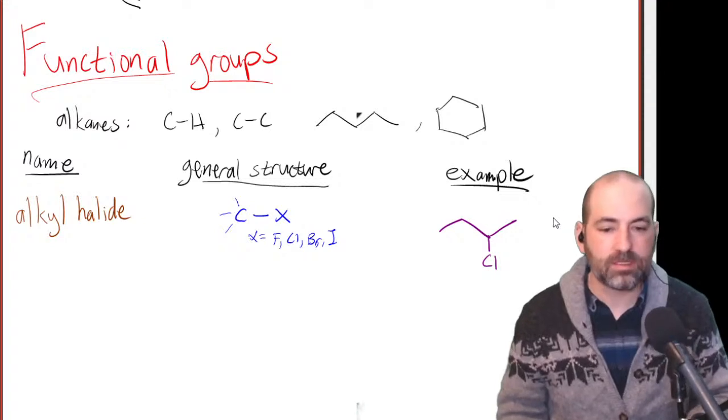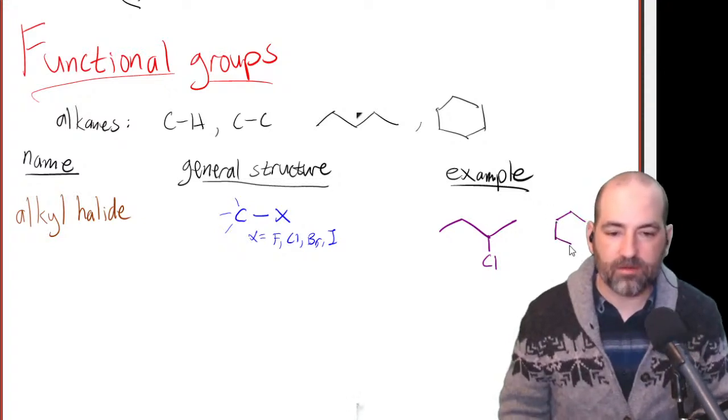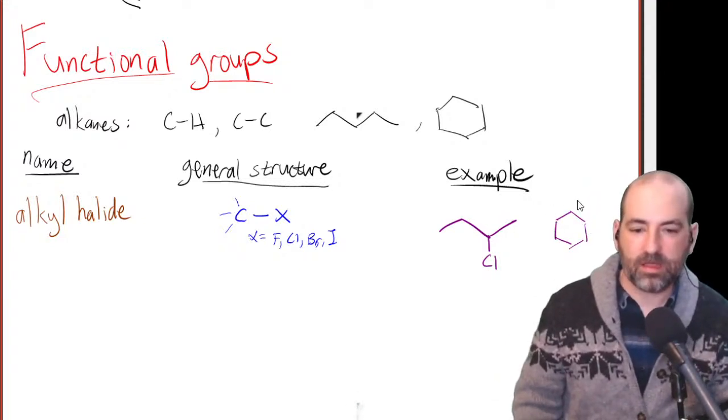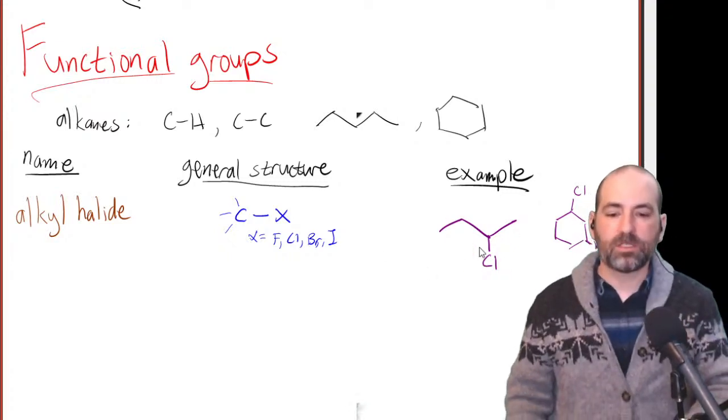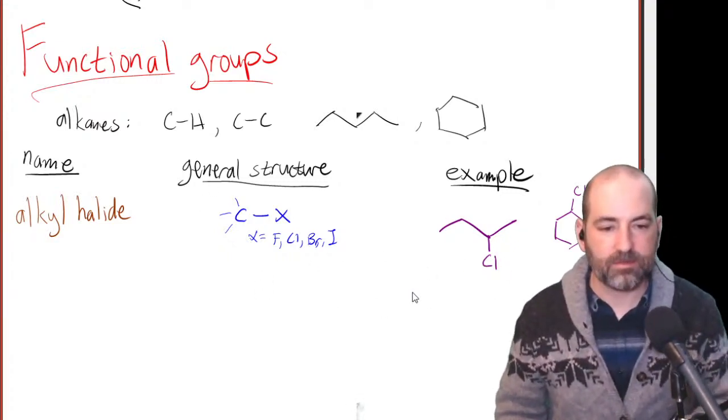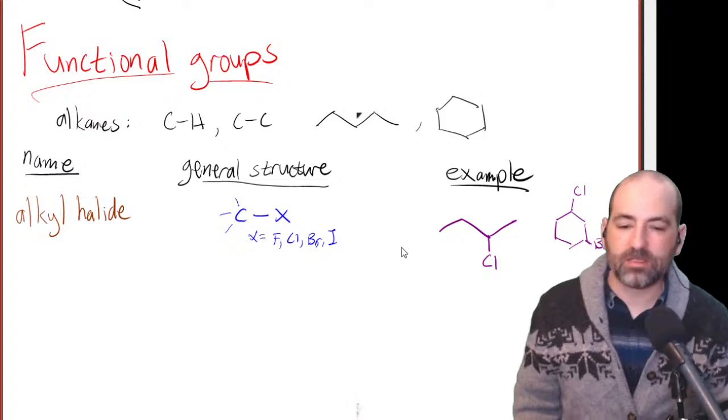Now you could have multiple ones. You could have bigger structures. We could have rings. So we could start with a cycloalkane like this and put a Cl here and a bromine down here or whatever. These are all examples of alkyl halides. They're an alkane that also has these halogen atoms on it. And just having that is a source of reactivity.